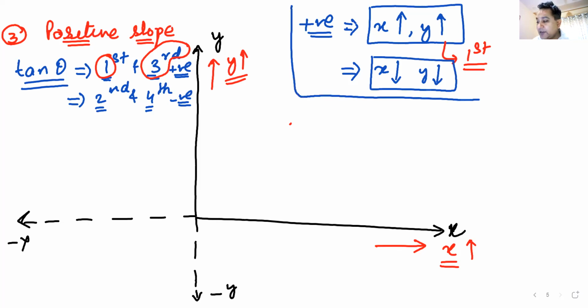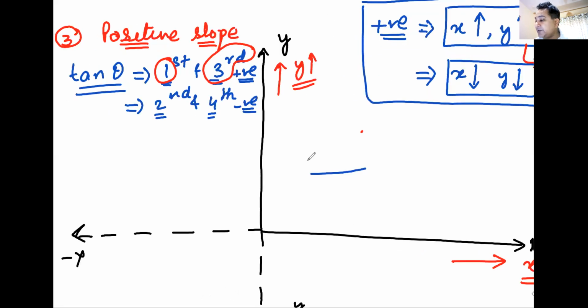This is my positive slope. If x increases, y increases. If x decreases, y decreases.